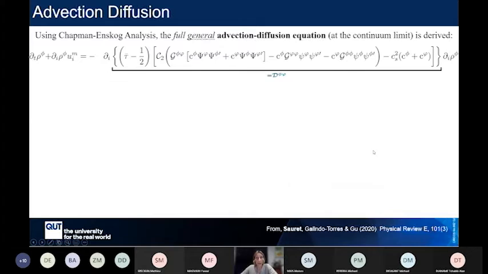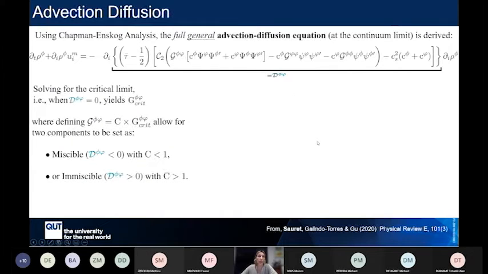Now, using this Chapman-Enskog analysis, we have retrieved the full general advection diffusion equation at the continuum limit. And so we've got this diffusion term here that we can establish from this relationship.